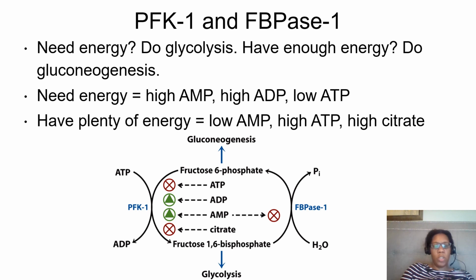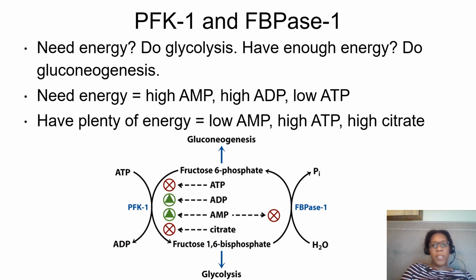Citrate is also an allosteric inhibitor of PFK1. But when we have high concentrations of ADP and AMP, that replaces ATP in inhibiting PFK1, and we have an active PFK1.